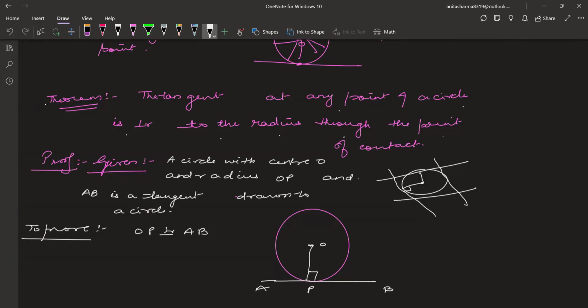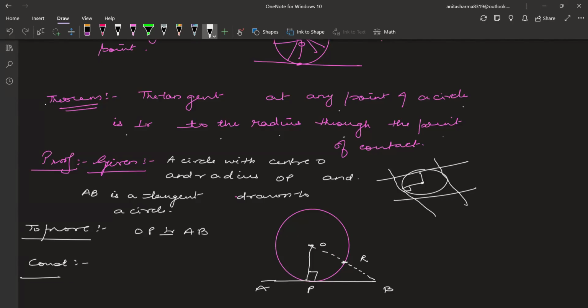So now we will do the construction part first. You will join O to B. Now let this point be R. Clear?